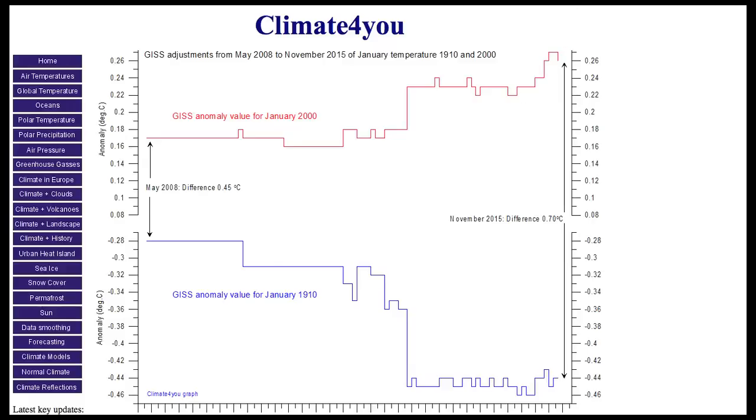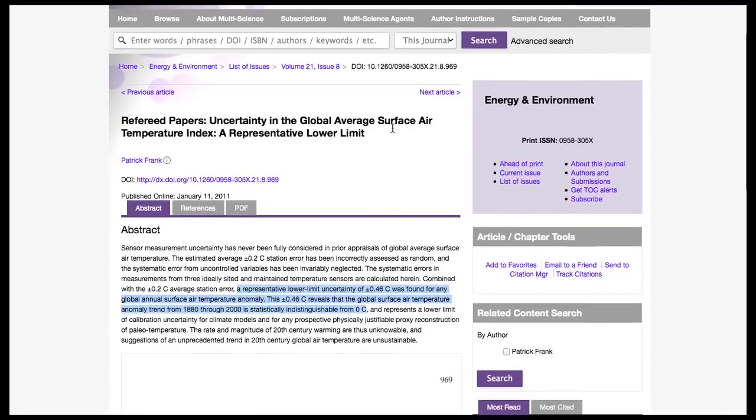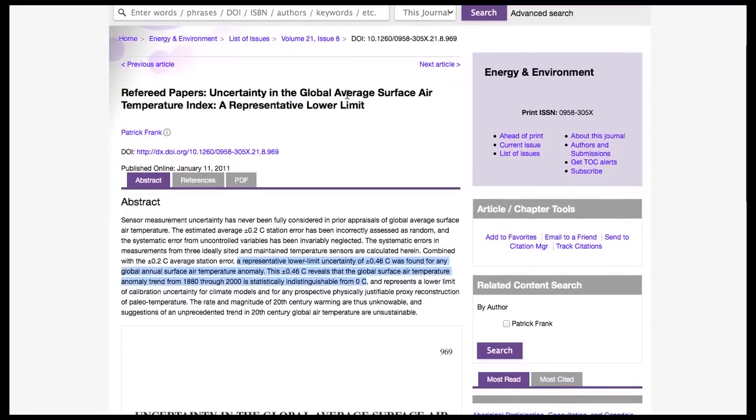But let's just keep in mind what we looked at in a previous video here. Refereed papers, uncertainty in the global average surface air temperature index, a representative lower limit, which concludes a representative lower limit uncertainty of plus or minus 0.46 degrees Celsius was found for any global annual surface air temperature anomaly.